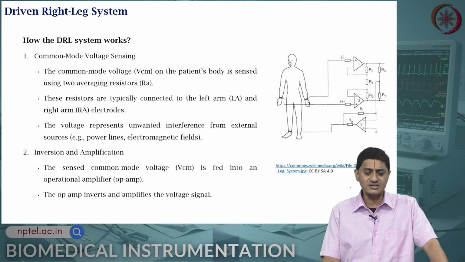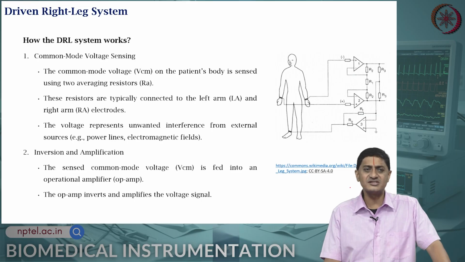So, you measure the common mode voltage on the patient's body through two averaging resistors, RAs. These resistors are connected to the two arms, left arm and right arm, and this voltage represents the common mode voltage, or the unwanted interference from external sources.